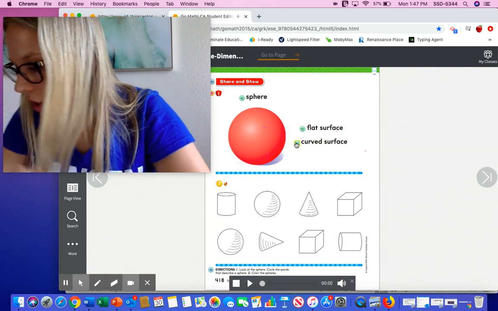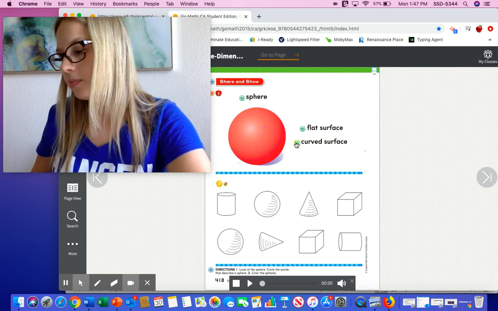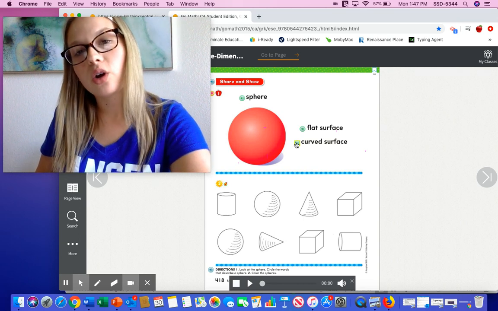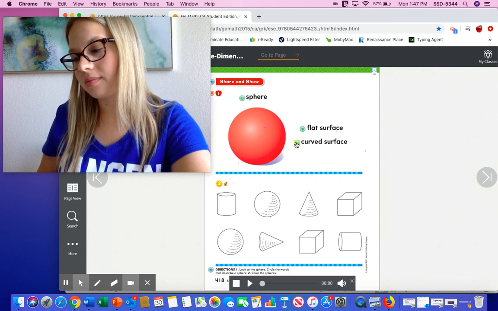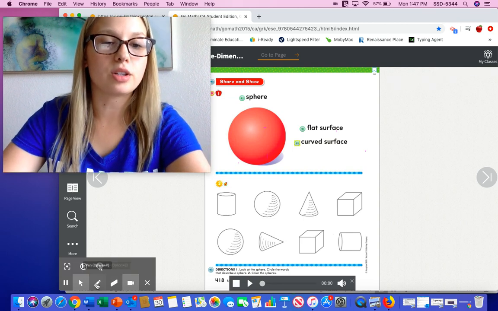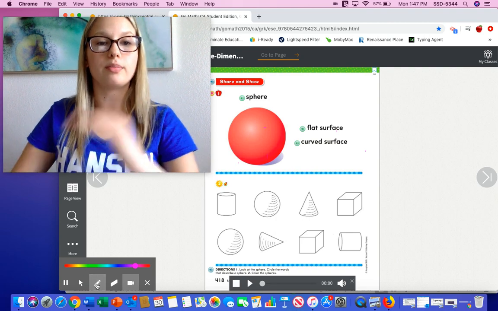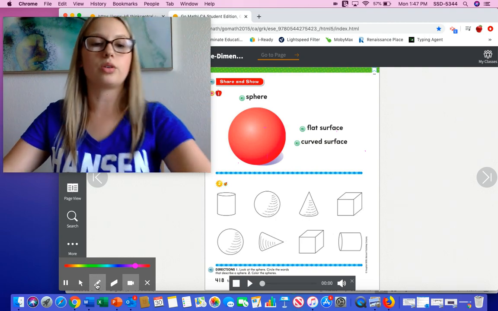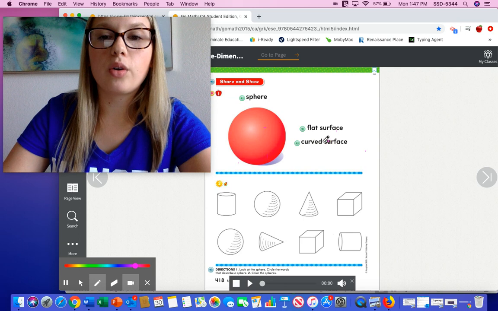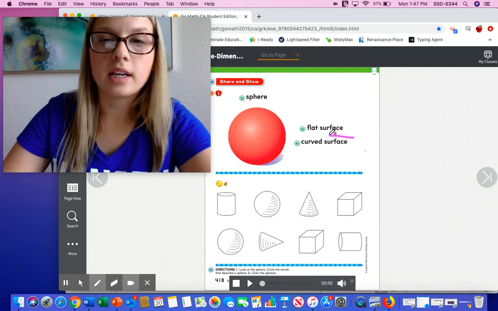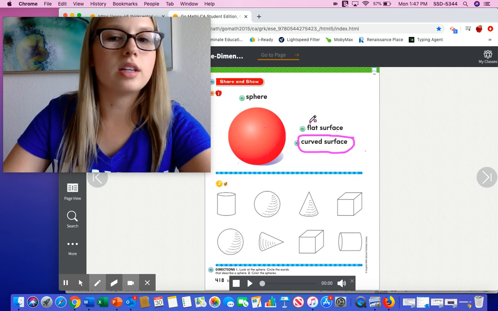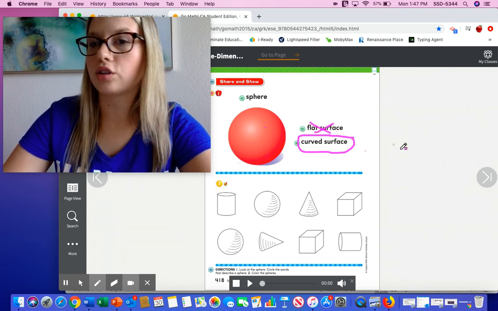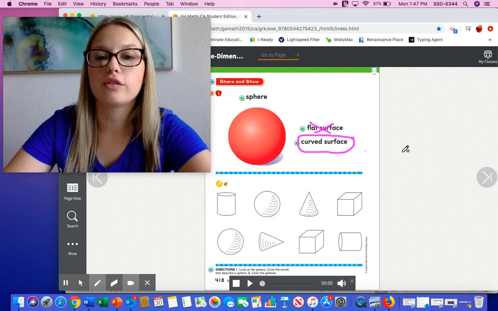I want you to take a good look at yours. Look down at your paper. Is it flat or curved? It's curved, right? We talked about that earlier today. Curved means it goes around in a circle. Okay, so we're going to circle the word that says curved because it's not a flat surface. It's curved.